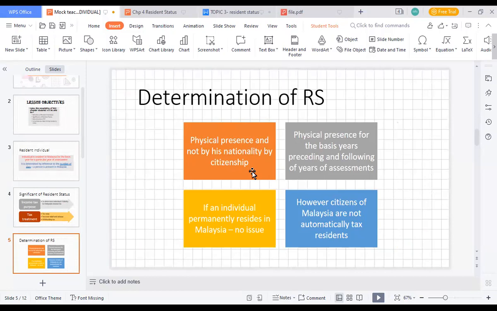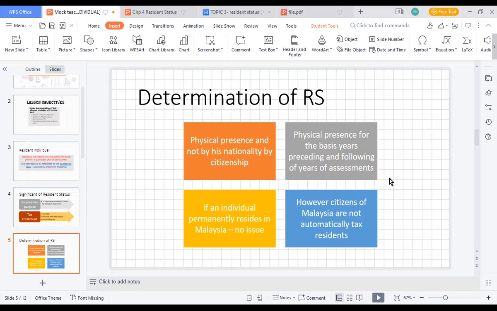So if he or she is not a national, is not Malaysian, meaning that he is from the US or Singapore, make sure that the person is physically present in Malaysia. And physically present for the basis year preceding and following the year of assessment. For example, for basis year 2020, make sure that person is physically present in Malaysia in that 2020.